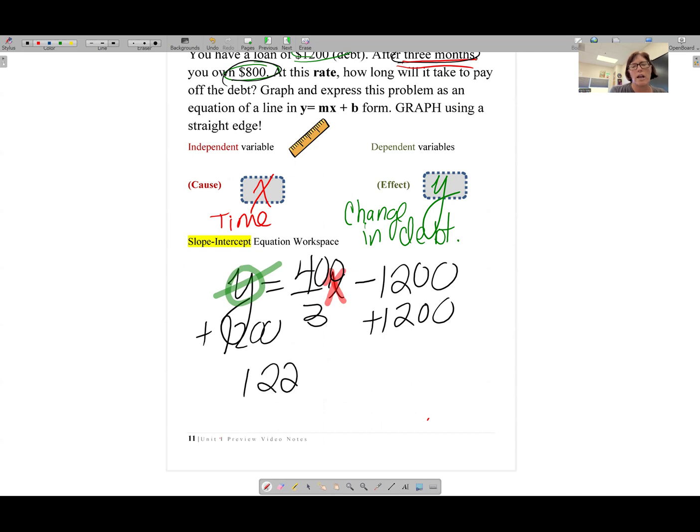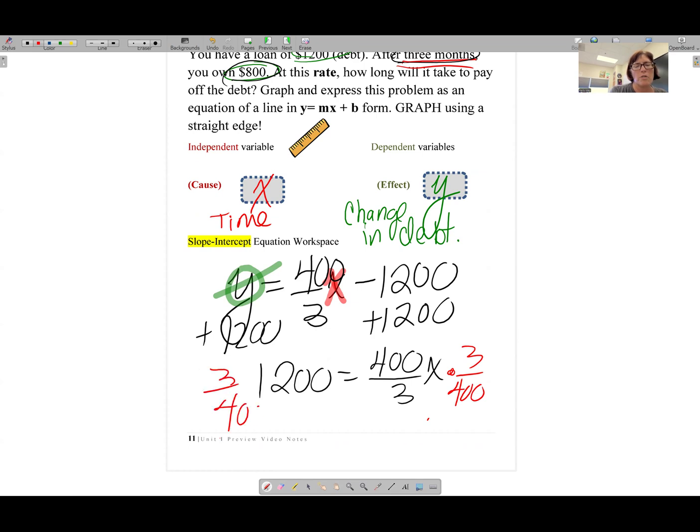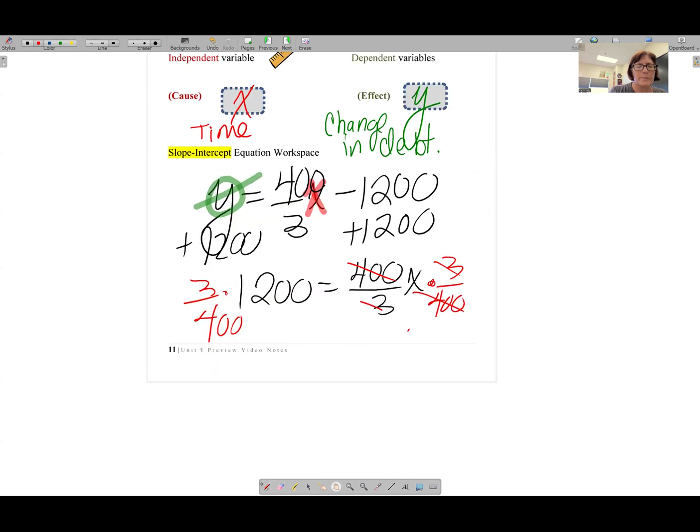So I got 1,200 equals 400/3 x. Multiply by the reciprocal, 3 over 400. This cancels. Zeros cancel, 4 goes in there 3 times. 3 times 3 is 9.